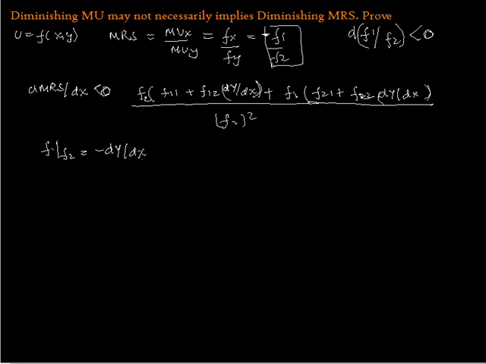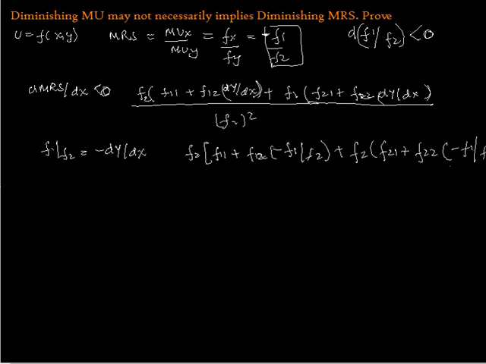So what I'll be writing is f2 into f11 plus f12 into minus f1 by f2, minus f1 into f21 plus f22 into minus f1 by f2, whole bracket close upon f2 square.